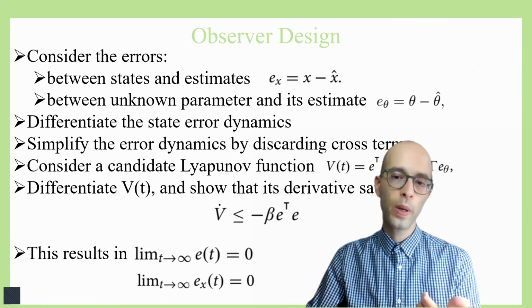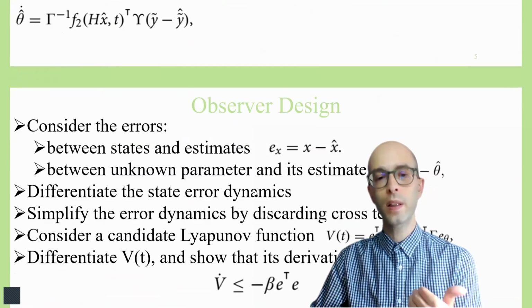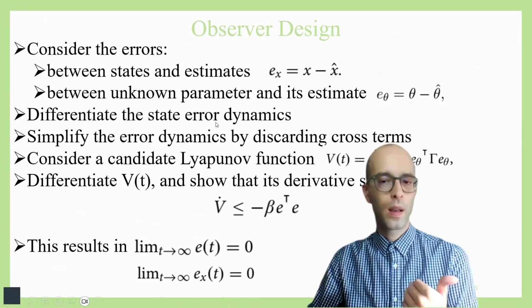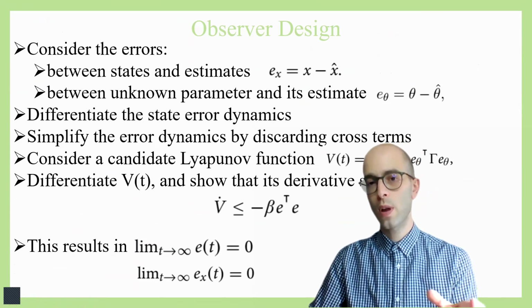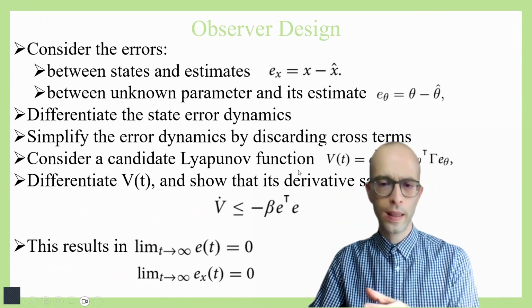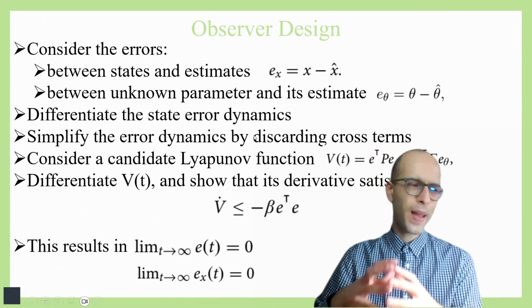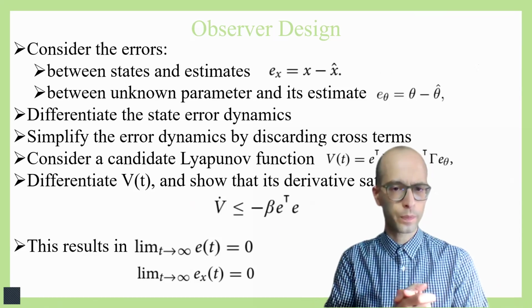And here is where these conditions play such a big role, because when we take the derivative of these error dynamics, these algebraic conditions help us perform a lot of simplifications. When differentiating the error dynamics, and especially later when we take the candidate Lyapunov function, we may end up with many terms inside the differentiation.